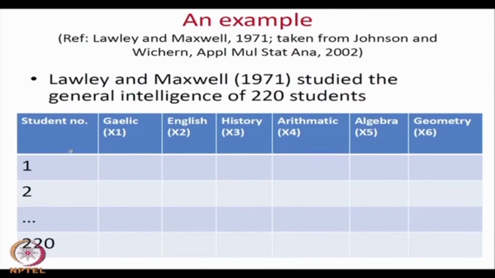In order to test the general intelligence of these students, the performance of each student on these 6 subjects was obtained, and then with this data set factor analysis was conducted, to see whether these 6 x variables you are observing are actually 6 or can be combined into a reduced number of factors.